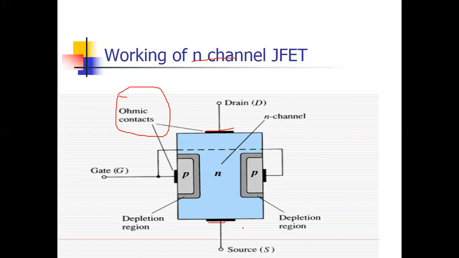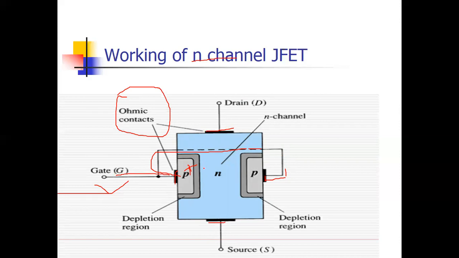Now this bar is in length, and on the sides of the length, high doping is there. Actually, this is P plus, high doping, at this side and at this side. Then two contacts are taken, and these two are connected internally and brought outside, and it is called the gate.